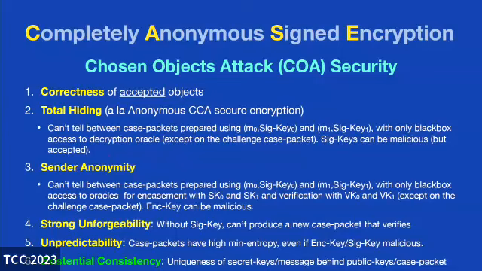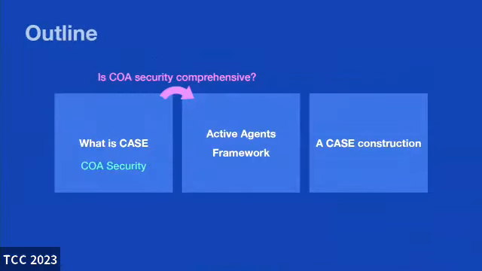And there are a few other requirements, of course: correctness, unpredictability, and existential consistency, which essentially says that a CASE packet can have at most one set of public keys associated with it, and a public key can have at most one private key associated with it. Fairly natural set of requirements, but we should ask, is this comprehensive? Did we miss out any requirement?